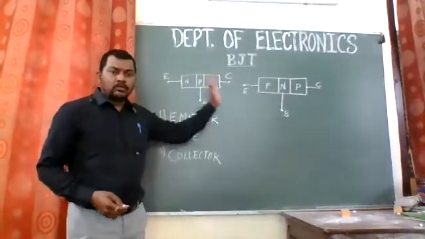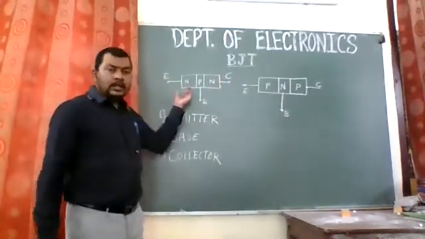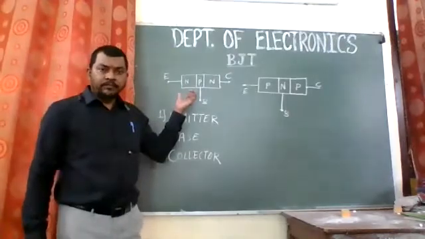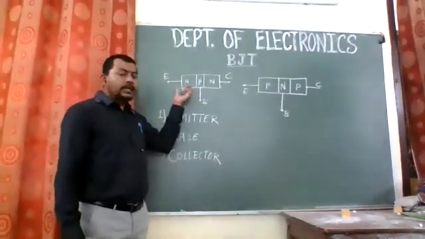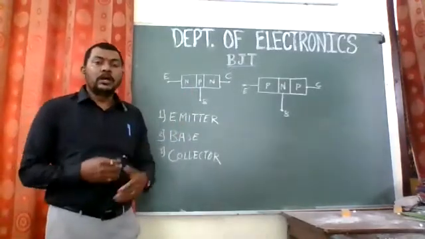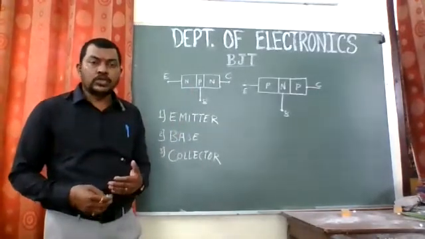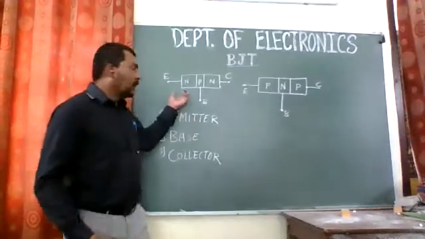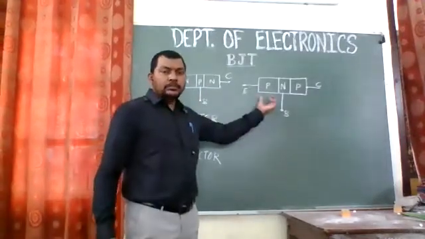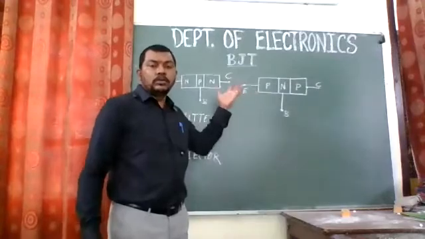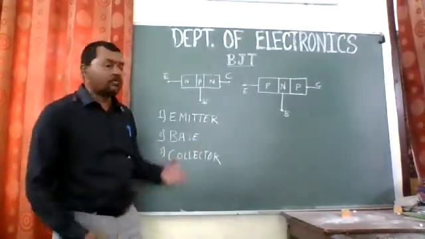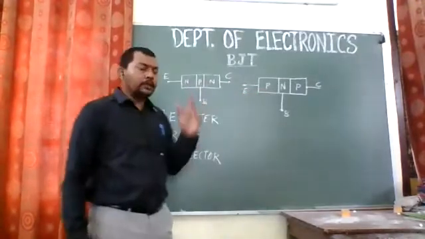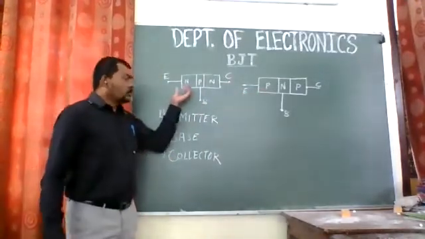I'm telling you general words of that. The emitter is the moderate region, and it is always heavily doped. If it is N-type, then it is doped with high pentavalent impurity, so the ratio of doping is increased. And if it is P-type, then it is doped with trivalent impurity, so that the maximum number of holes are present over here. So, the emitter.